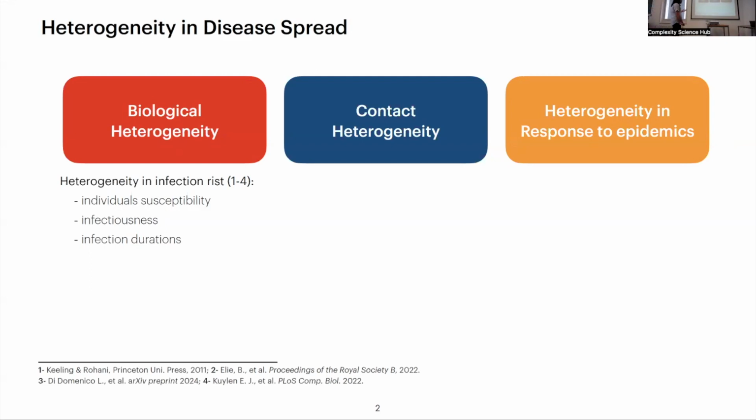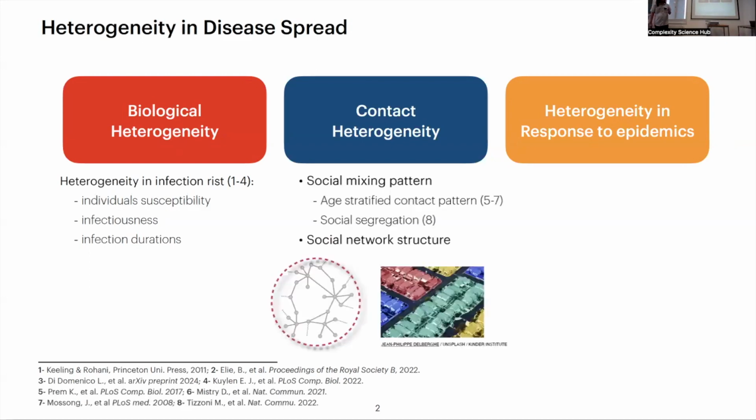Contact heterogeneity is another type of heterogeneity that we can face, and it involves heterogeneity in individuals' contact patterns. At a higher level, we identified, for example, age-stratified contact patterns, or in other studies, they identified social segregation, which can be based on ethnicity or socioeconomic status of individuals.